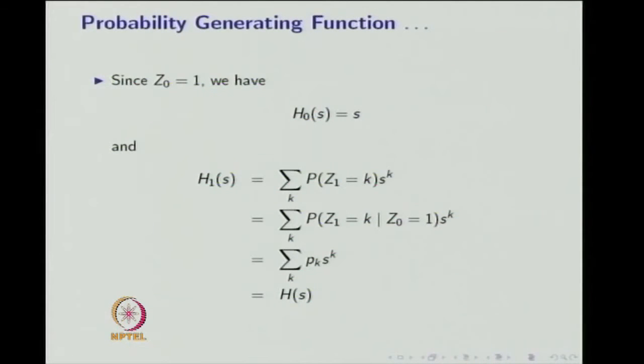Since Z0 is equal to 1, you will get H0 of s is the same as s. Now our interest is to find the probability generating function for Z1. That is the same as the probability generating function of the Yi's, which is H of s. Therefore H1 of s is the same as H of s.